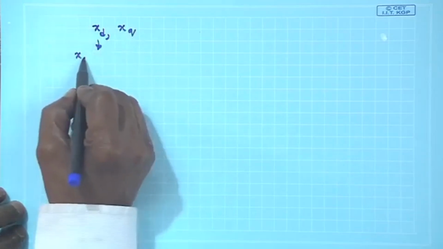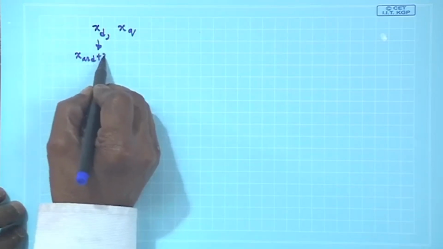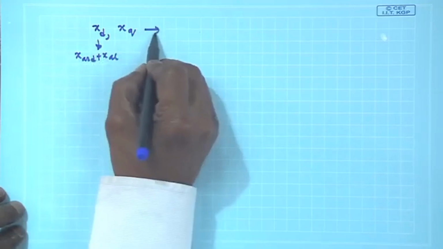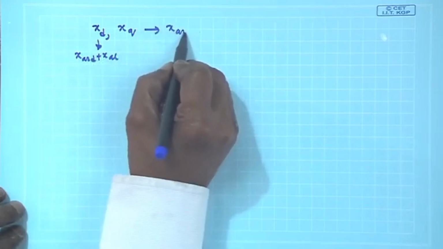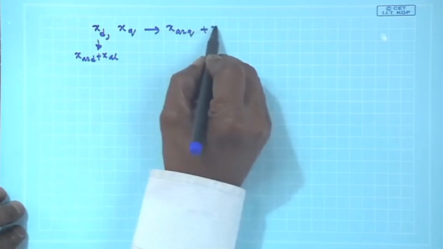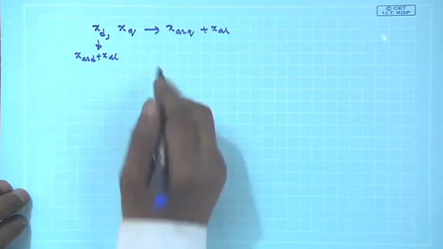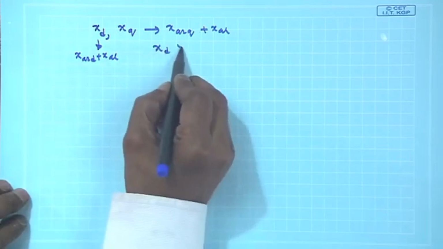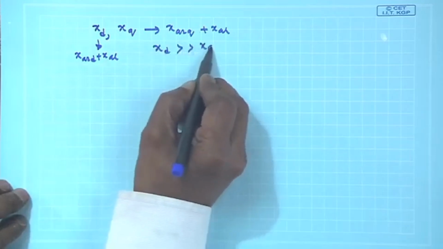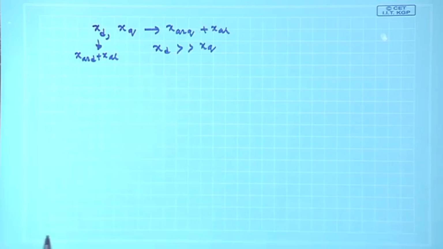XD is its armature reaction reactance plus XL, and XQ is XARQ plus XL. Anyway, this we have discussed. XD will be much higher than XQ, and RA sometimes is neglected. Also, we know how to take into account the effect of RA.